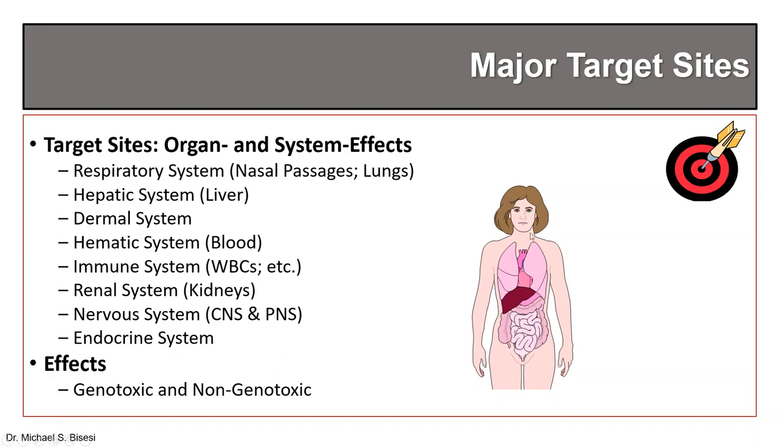So any of the organ systems are vulnerable. Remember, skin, the integument, is an organ as well, but virtually any organ system can have some related risk of change depending on the hazard characteristics of the agent or agents involved.